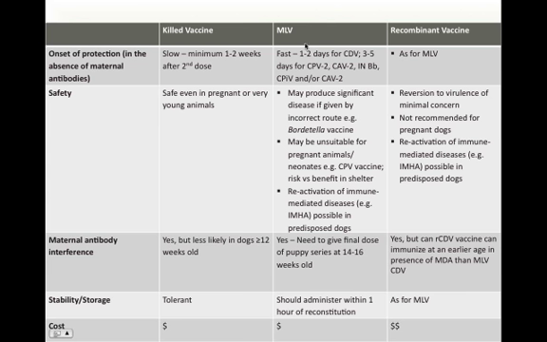We're also interested in safety, of course, and killed vaccines may be slow, but they are safe. So we do have to watch out for potential problems, especially if we use a vaccine by the wrong route with modified live vaccines.